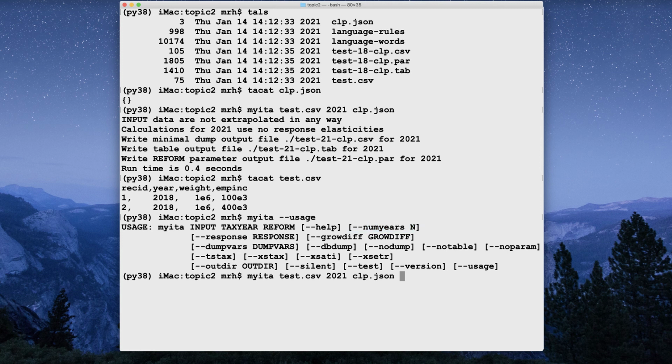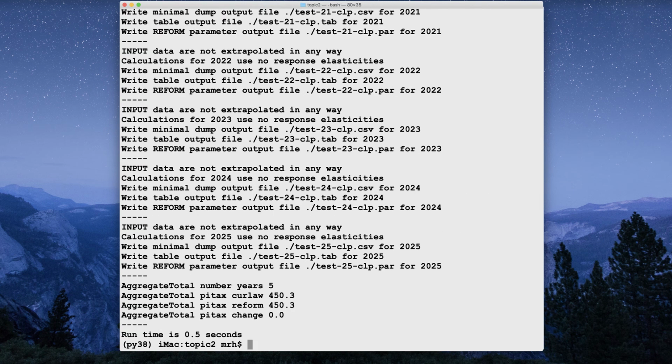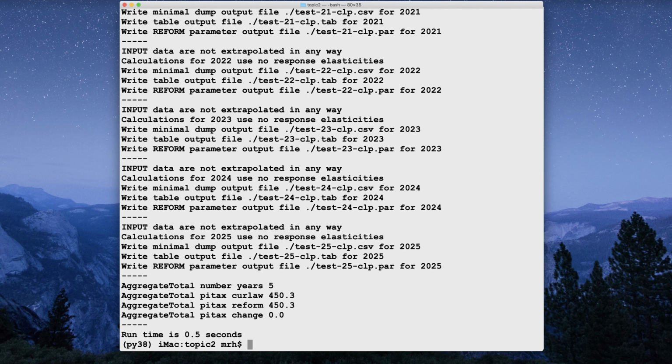Instead of just doing 2021, what if we wanted to do 2021 through 2025? Well, we would do this. Now, watch what happens. This is fast because we're only computing the results for 2 people, not hundreds of thousands or millions of people, which would take considerably longer.